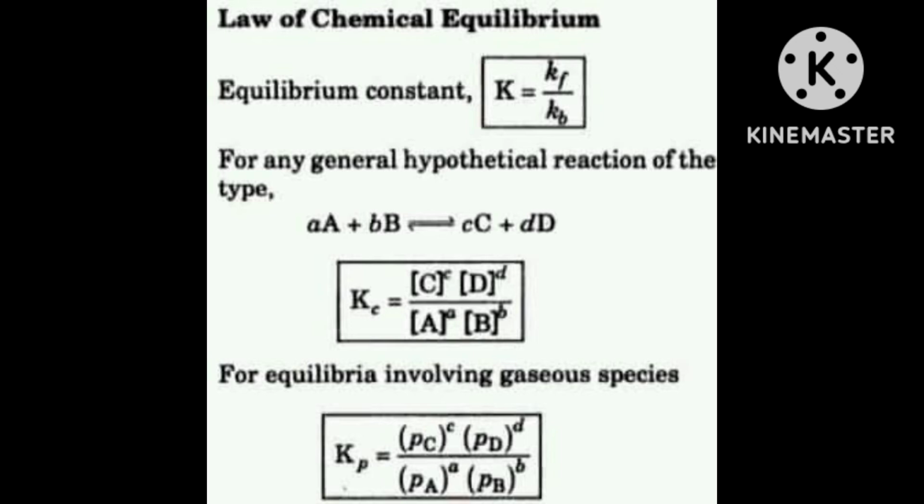Then Kc is equal to the molar concentration of C into the molar concentration of D divided by the molar concentration of A into the molar concentration of B, where Kc is the equilibrium constant, and the expression on the right side is called the equilibrium constant expression. This is the general expression I told you: C into D divided by A into B, with powers C power c, D power d, A power a, B power b.